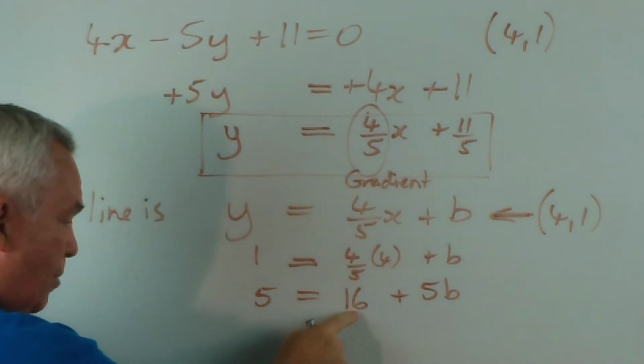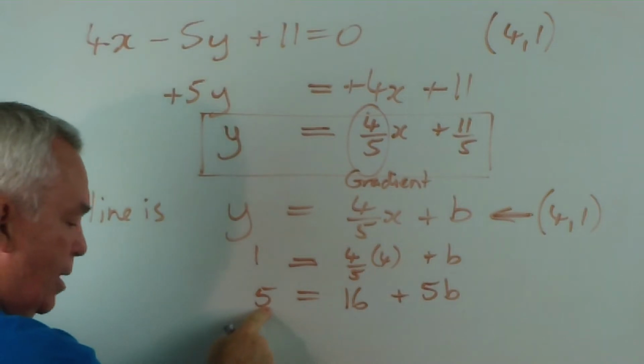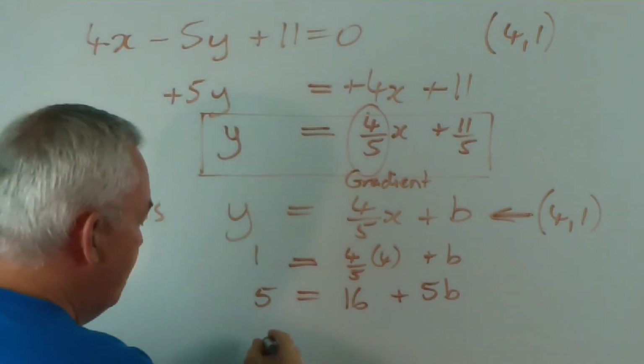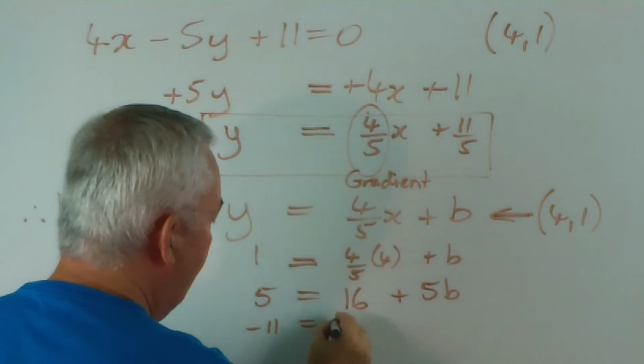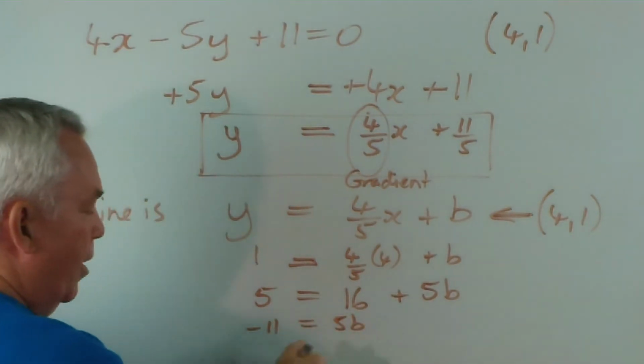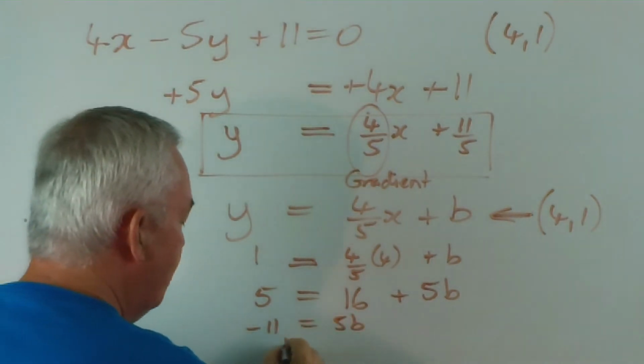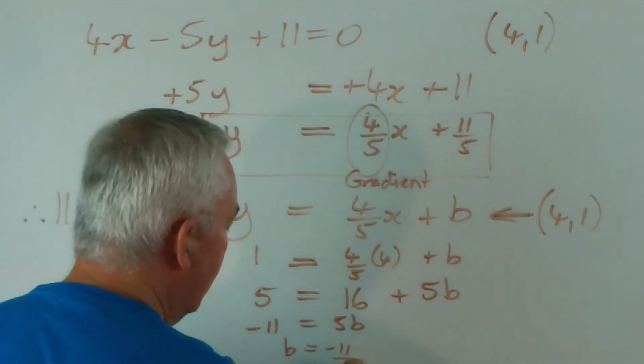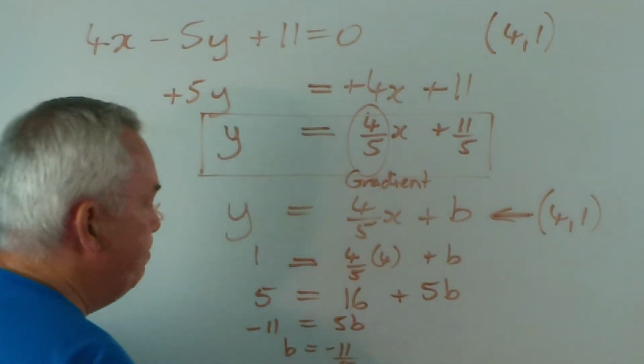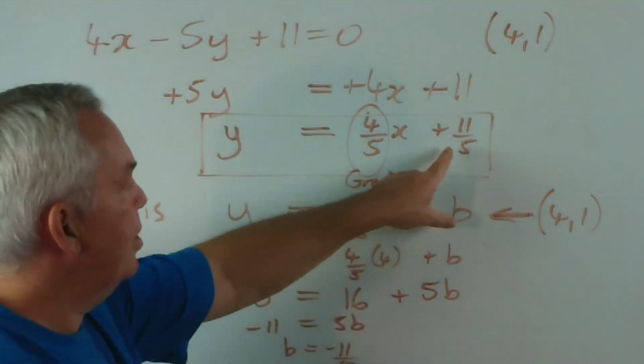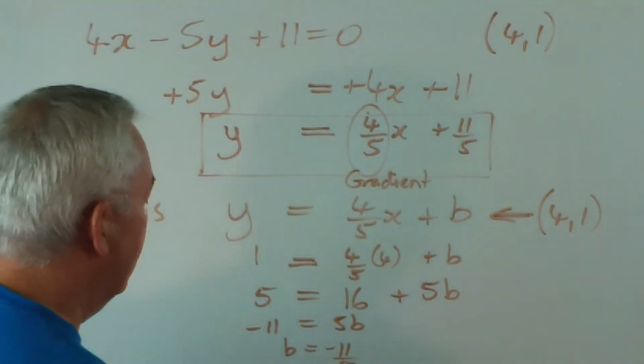I subtract 16 from both sides, and 5 minus 16 is minus 11. And I divide by 5. So b would equal minus 11 on 5. Goodness, I didn't expect that. The exact opposite.